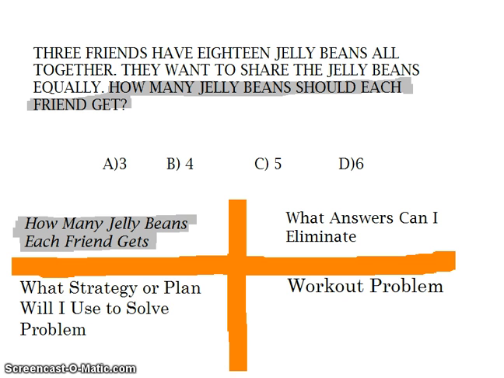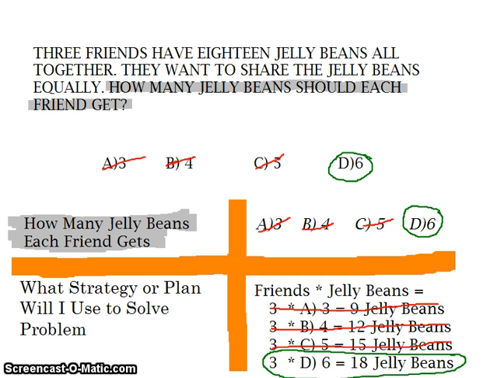So again, first, what am I looking for? I know that I am looking for how many jelly beans each friend should get. Now, secondly, what answers can I eliminate?